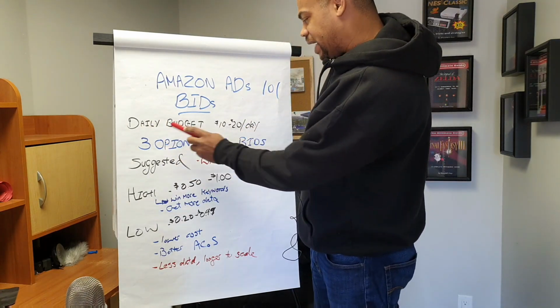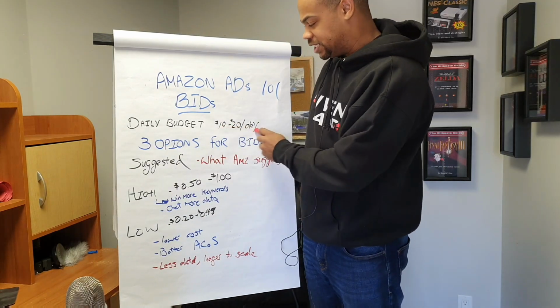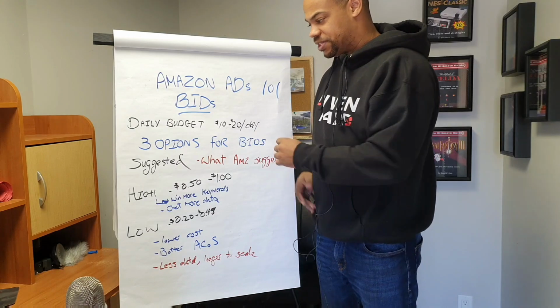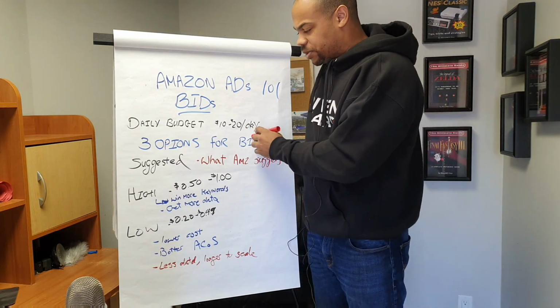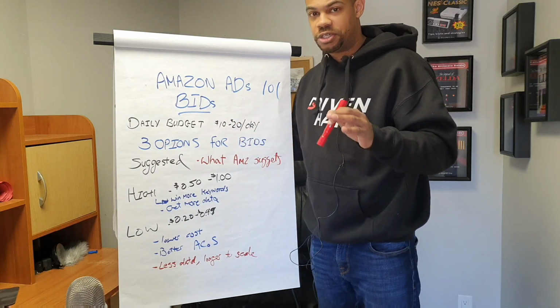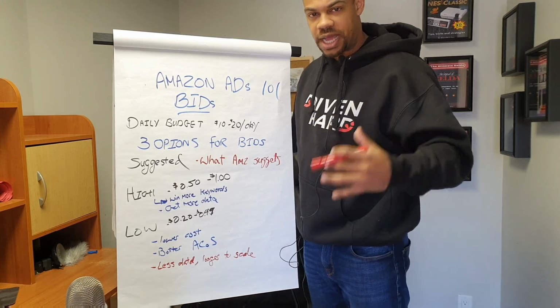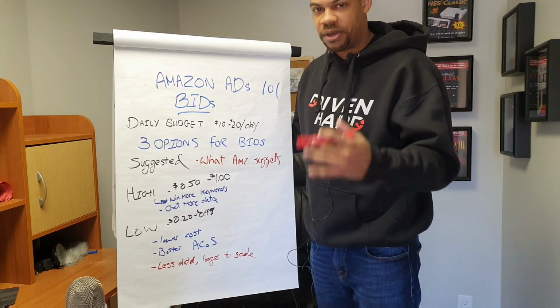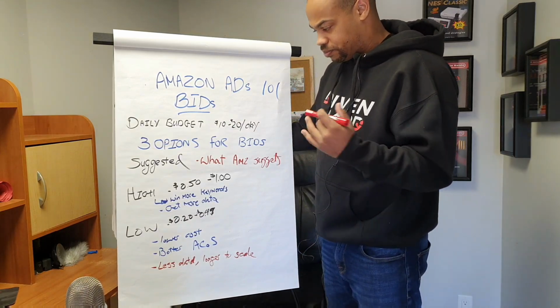But daily budget is your $10 to $12, $10 to $20 a day. That's what the suggested daily budget should be. Now, remember, you're not going to spend all of that, especially if these are your testing campaigns. The first couple campaigns we're using just to gather data, gather info so we can make a better informed decision and then put these into proper campaigns.